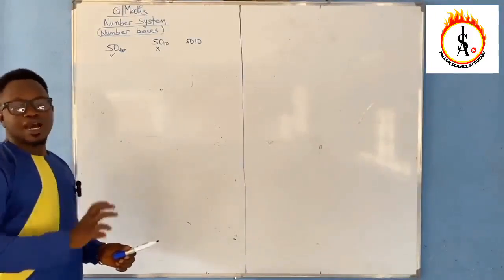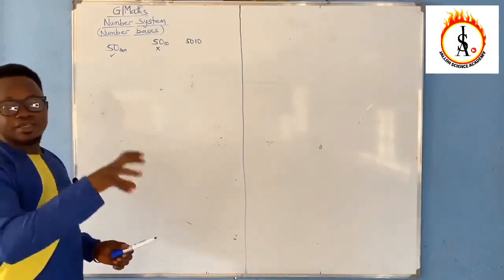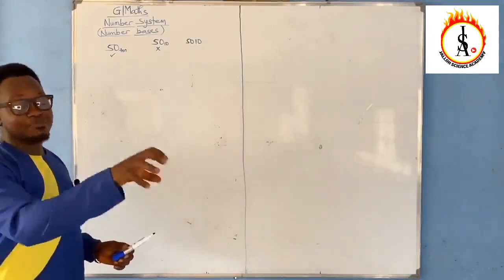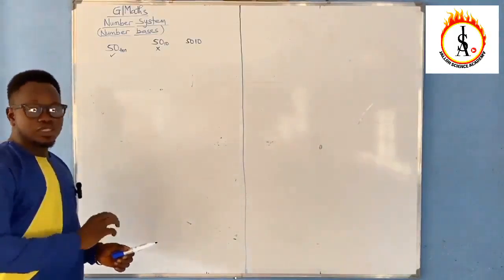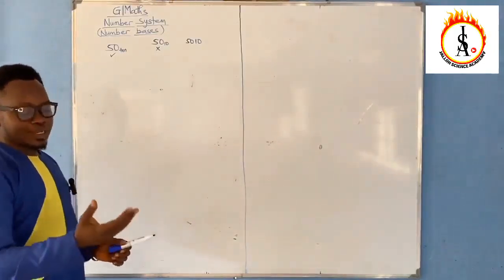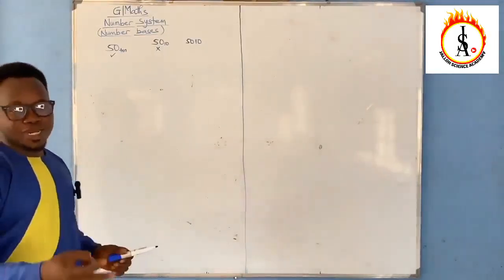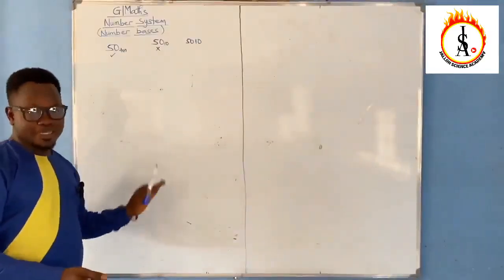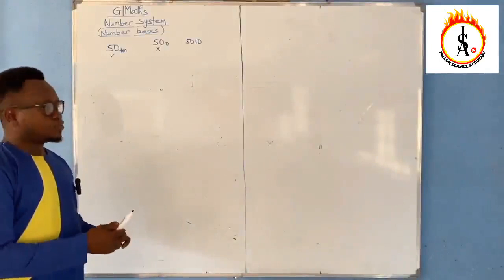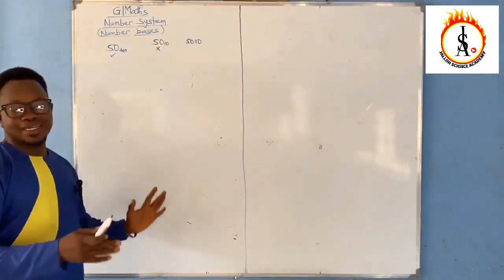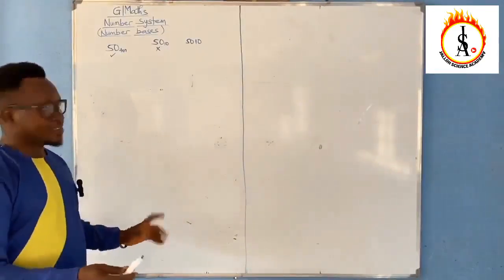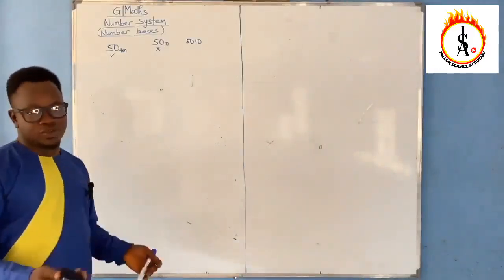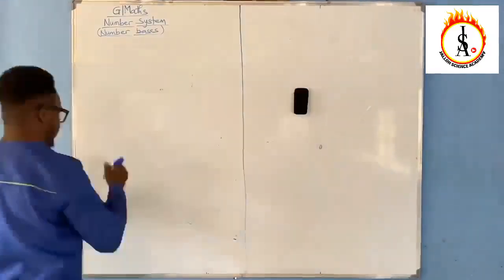We also look at how to convert decimal or fractional numbers that are in base 10 to base 2. And we'll also look at how to add, subtract, multiply, and divide number bases. And finally, we'll look at special cases of number bases. So let's begin with our conversion of number bases.